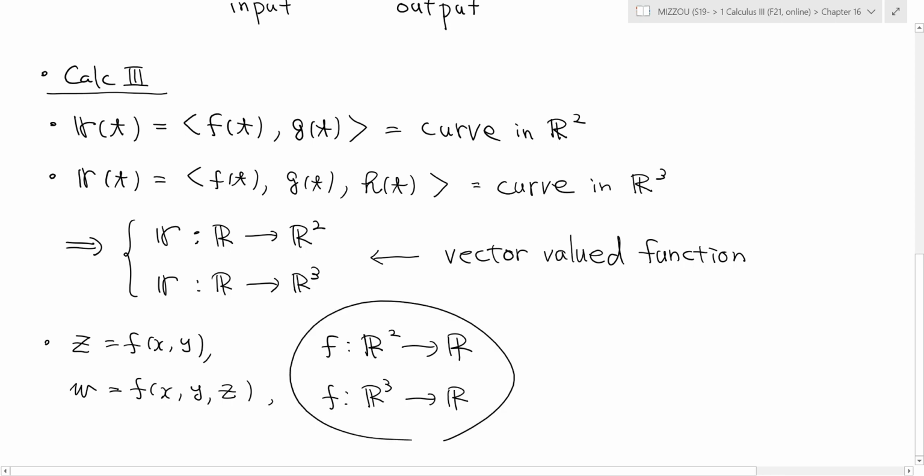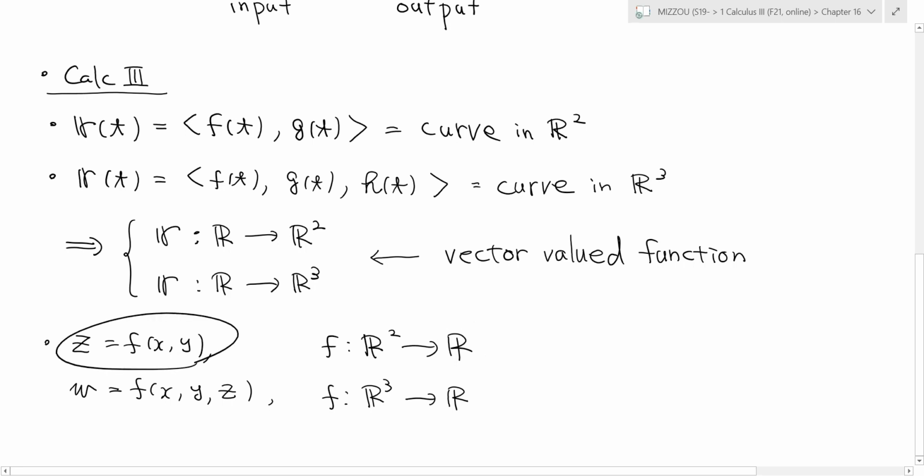So for both of those, the output is just a real number. For example, for each given pair x, y in R2 as input, we get as an output just a real number. Similarly for the other. Therefore those two are scalar valued functions, because the output is just one number.